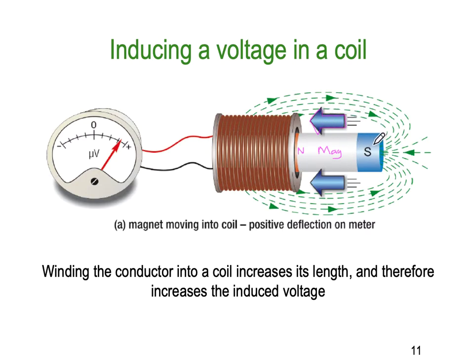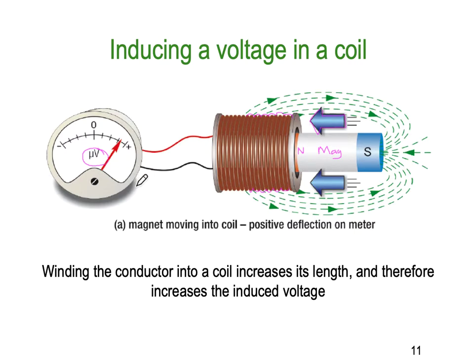And as all of that magnetic field cuts each of the turns, and it's actually cutting each of the turns twice on either side, we have a whole heap of microvolts all in parallel to deflect the meter to the right.